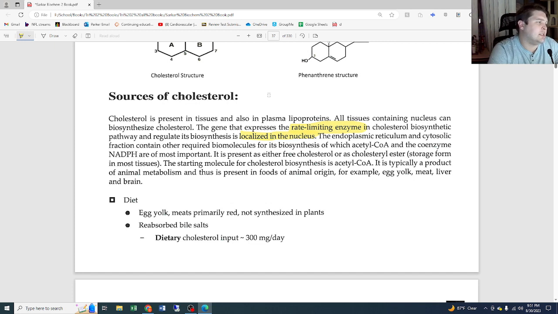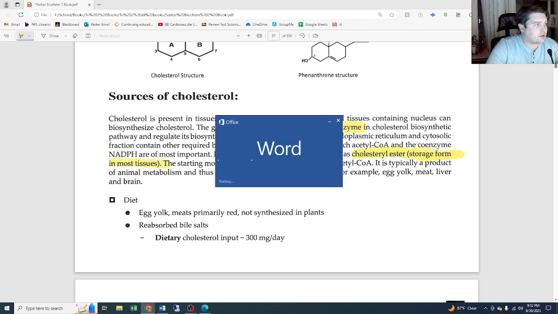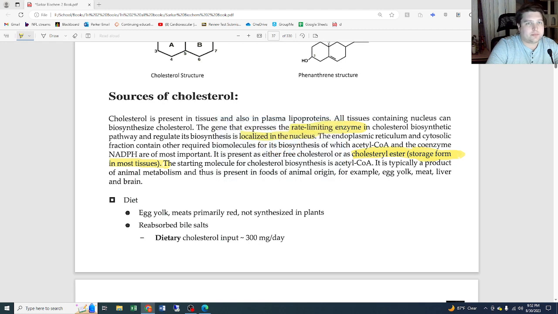It is present as either free cholesterol or as a cholesterol ester. The cholesterol ester is the storage form in most tissues. Remember ester? We talked about ester bonds. Ester bonds are a type of bond that you see often. Let me actually pull up a good picture for that.